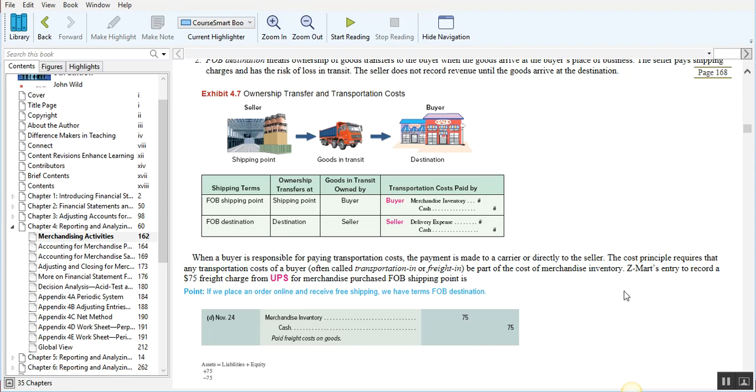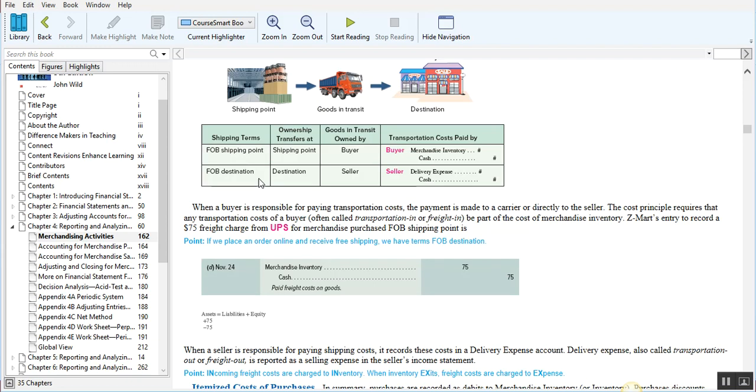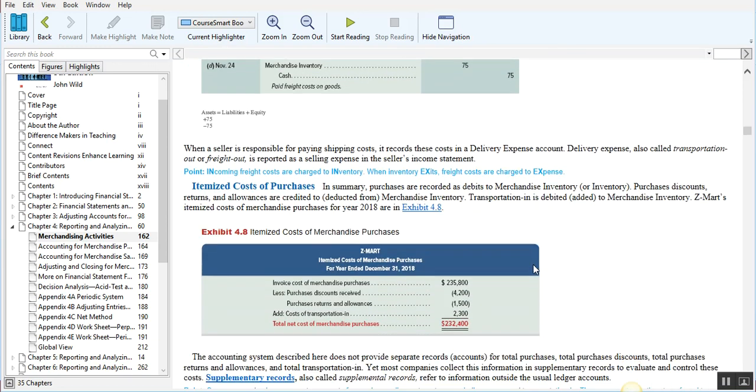Now, when we talk about the cost for freight, that's just going to be a direct addition to merchandise inventory because it is any of the costs that it takes to get the merchandise to our place of business and ready to sell. That's going to be a part of the cost of the merchandise. And that transportation will go into the cost of merchandise inventory.